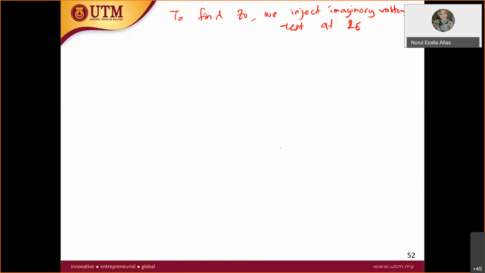Therefore this circuit will be, so you have here R pi, I draw it again, V pi, and then you have here gm V pi, and then you have ground here, and then here instead of RE you have V test, okay, V test, right?